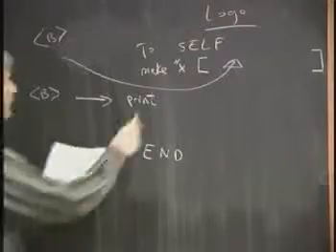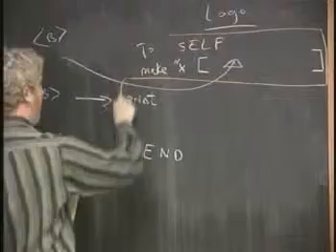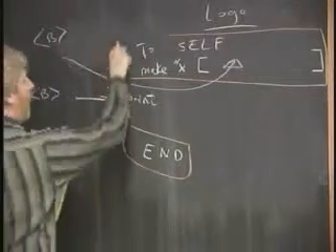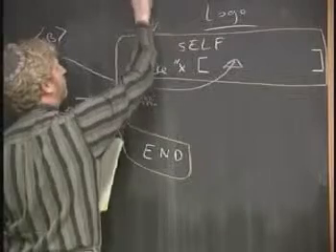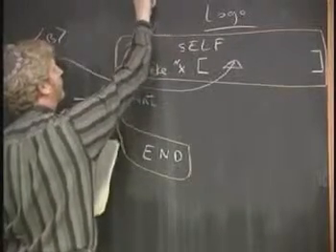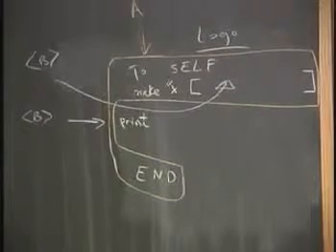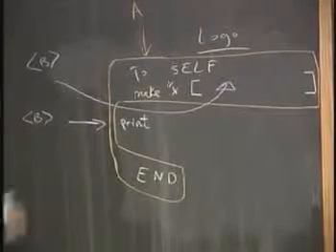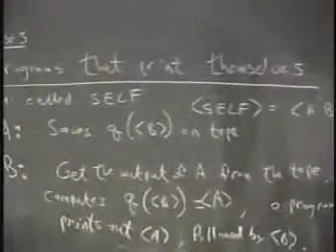This is A. That's A. Okay? If I had A all by itself, all it would do is save a description of B on the tape. That's a procedure for A.